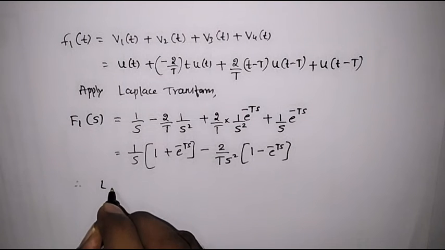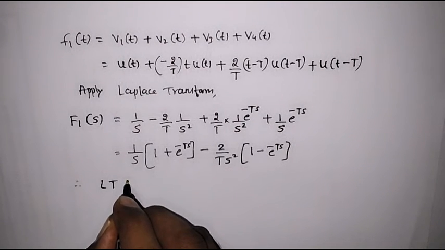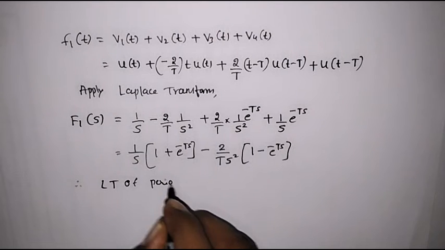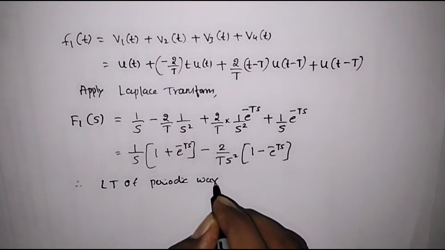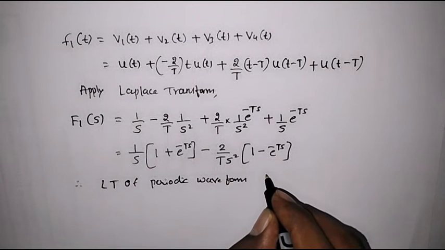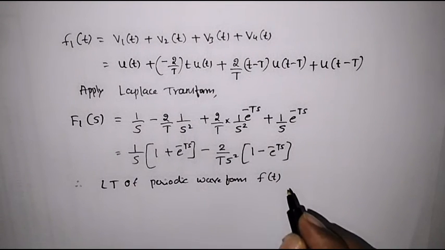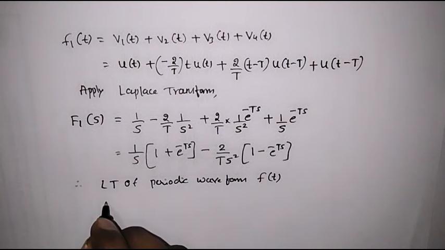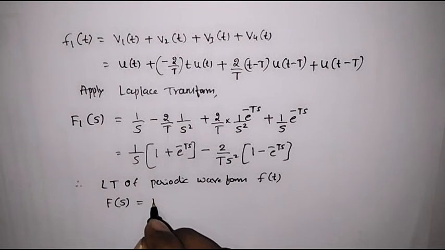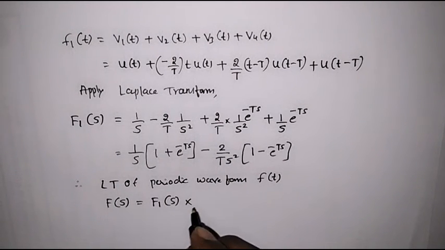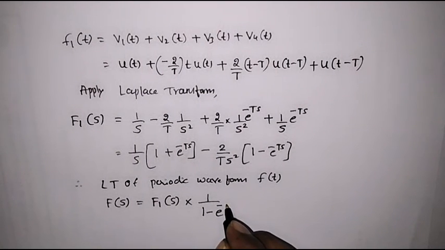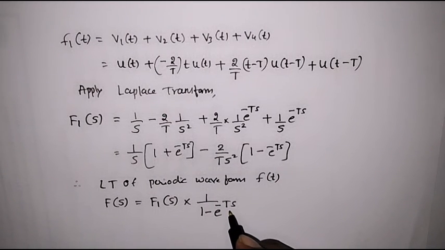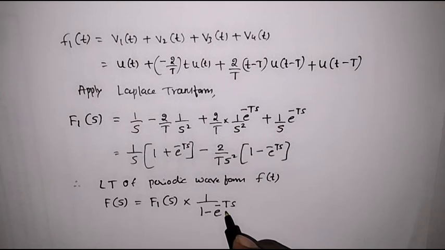Therefore the Laplace transform of the periodic waveform f of t is given by f of s is equal to f1 of s multiplied with 1 upon 1 minus e power minus Ts, where T is the time period or period of the given periodic function.